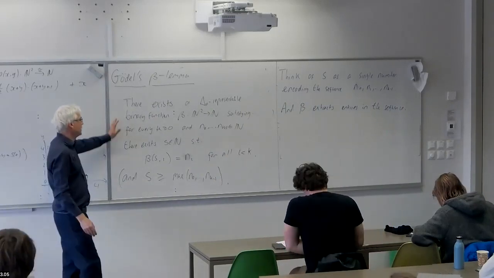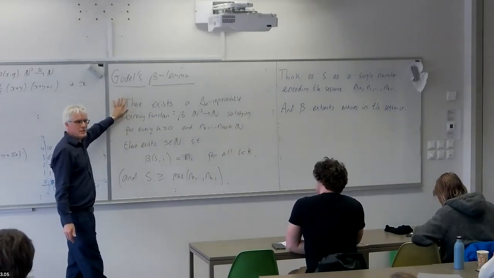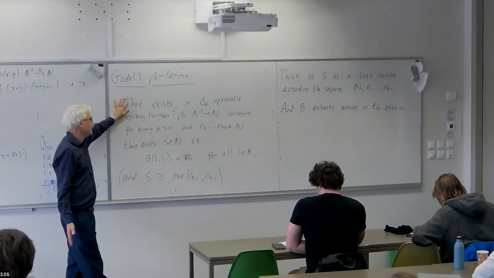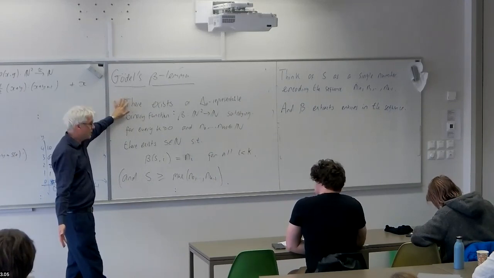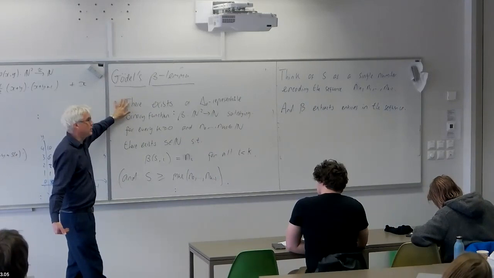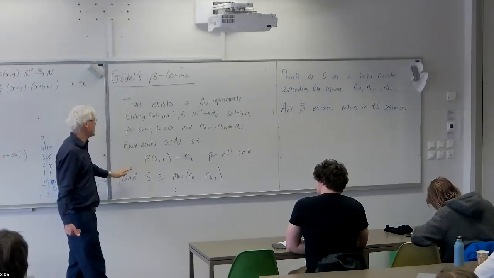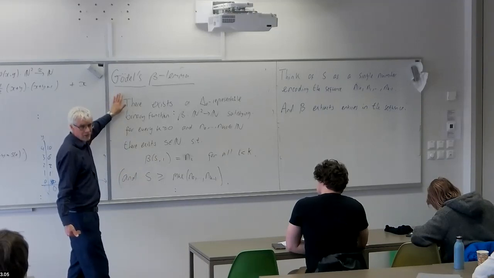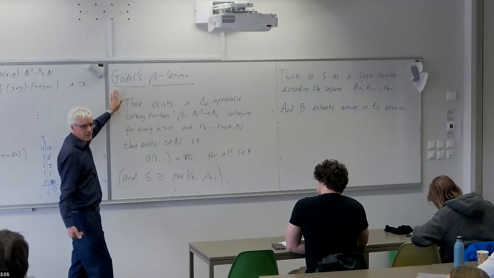So two things we're going to do. One is to prove this beta lemma, which means giving a mysterious function. And the other one is to prove the theorem, which is that exponentiation is sigma 1 definable. And we can prove that directly from the lemma. So the way I'm going to do it is I'm going to do the latter one first. I'm going to prove the theorem that if we have the beta lemma, then the exponentiation function is definable.